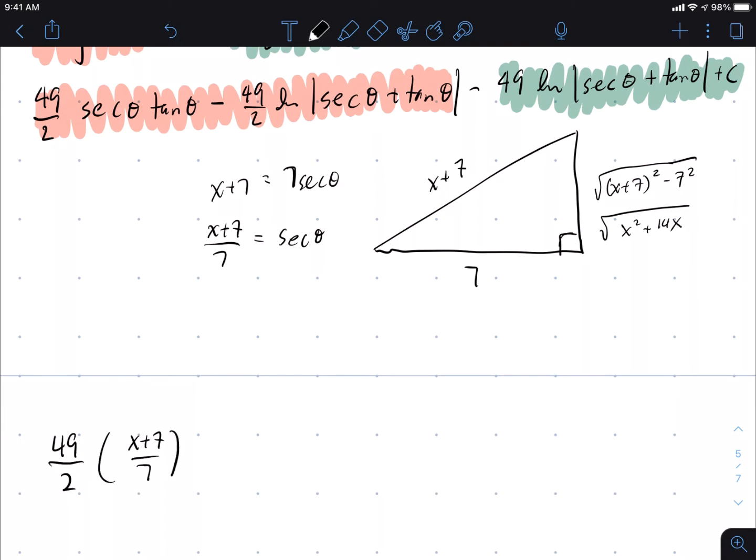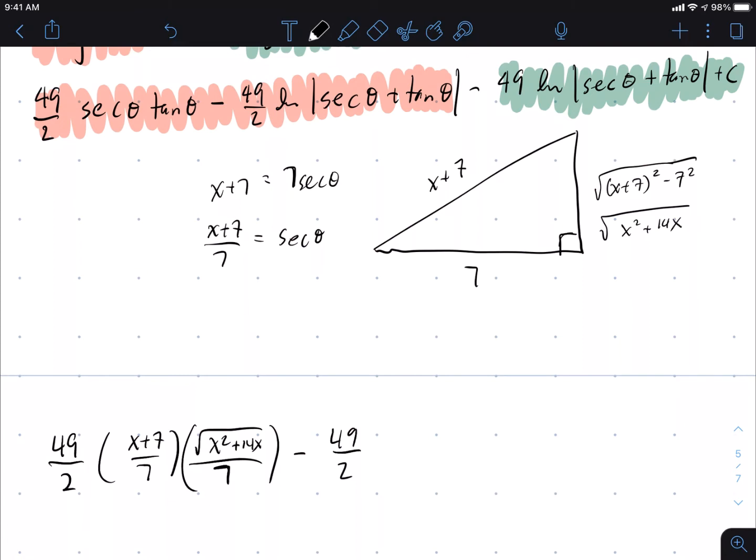Tangent is going to be the opposite over the adjacent, so that should be root of x squared plus 14x over the adjacent, minus 49 over 2. I'll leave it this way.